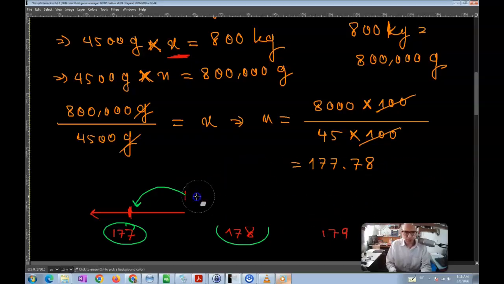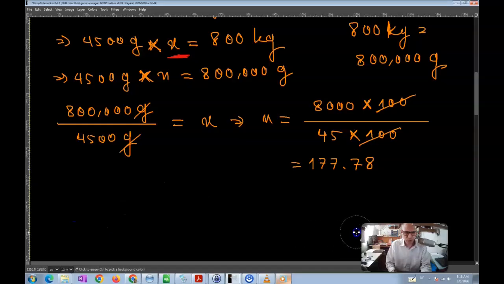Now, if I round this number up, I'm going to get into problems, because 178 times 4,500 grams is going to be above the allowed limit for the van. But if I round down to 177, then I'm still going to be within the limits for the allowed weight for the van.